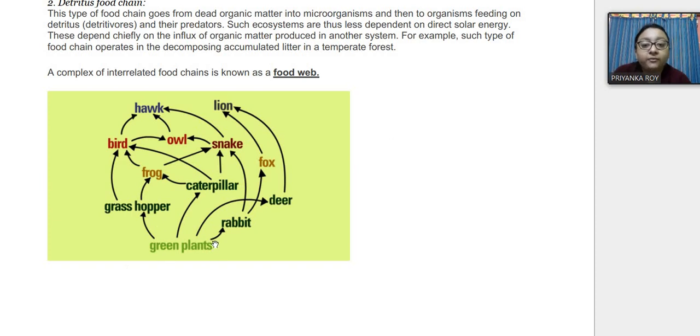Like it can have, the green plants can go to the rabbit, then it can go to the fox, then the lion, then again the green plants can be eaten by deer, the deer can be eaten by lion, then again from green plants to rabbit to snake to owl to hawk. These things can go on, and it can be multiple ways, multiple channels through it. So this kind of interacting food chains are known as a food web.